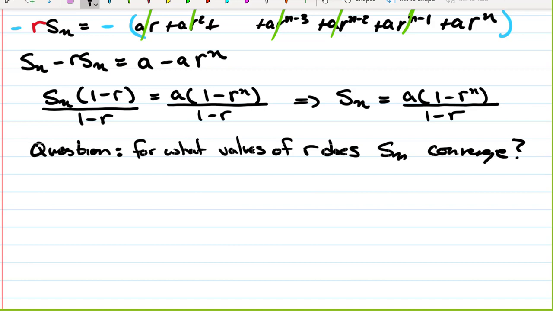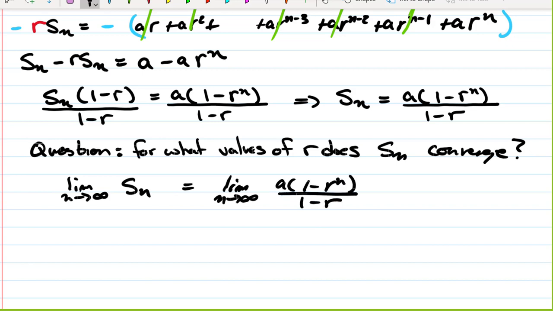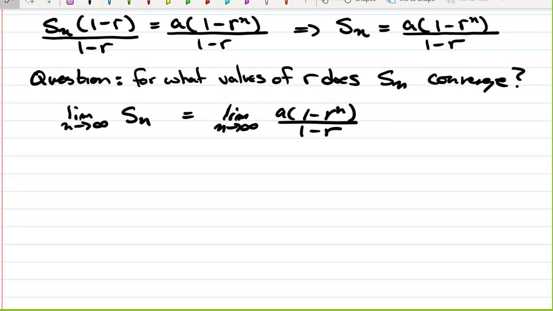So we need to take the limit as n goes to infinity of Sn, which is the limit as n goes to infinity of a times 1 minus r to the n all over 1 minus r. Well, n is the only thing that's changing, so the a and the 1 minus r can come out of our limit, and we're left with 1 minus r to the n.